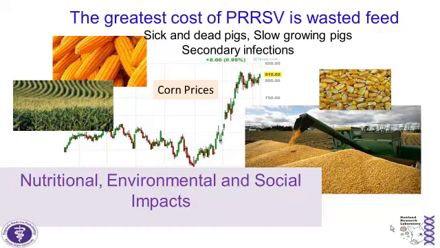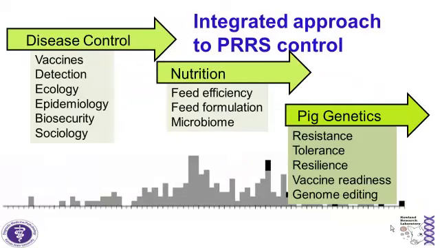So when we look at the bigger picture, we see that PRRS is not just a health disease problem, but it relates to nutrition, environment, and also has some social impacts in terms of this feed that's wasted on the disease.